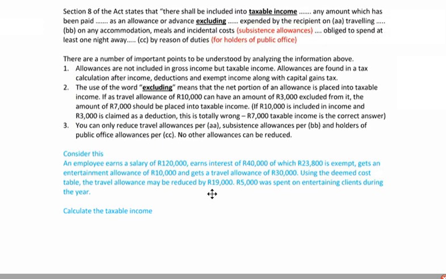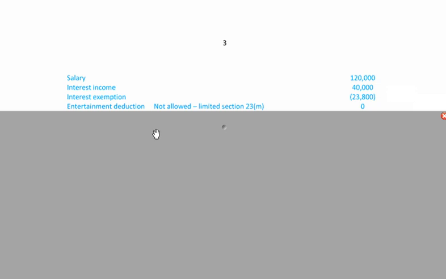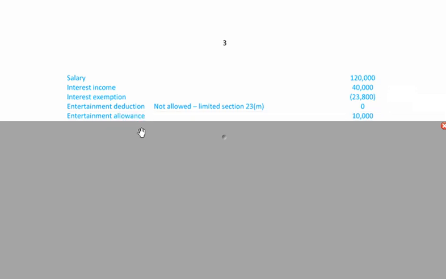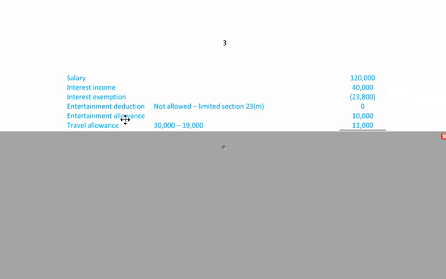And second of all, he earns a salary, and Section 23M of the Act says that you cannot claim an entertainment deduction if you earn a salary. After you've done all of your gross income, your exempt income, and your deductions, then your allowances come in. So your entertainment allowance of 10,000 comes in. You can't reduce it, so it's still the 10,000 Rand there.